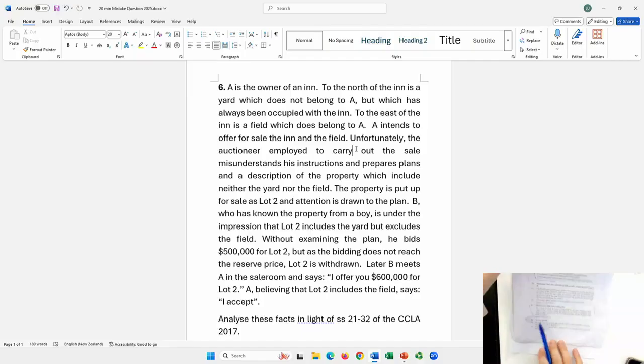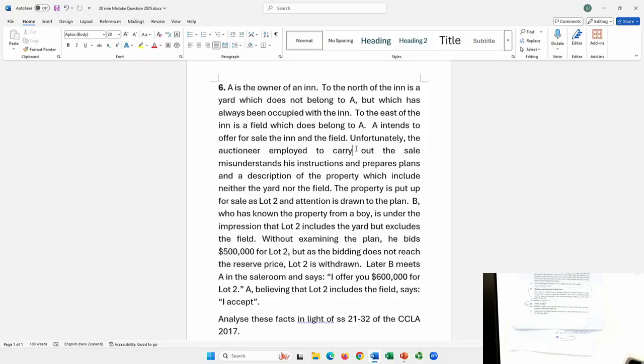And then finally, the nature of the relief. You need to say, look, under section 28, neither party has any right to anything. The courts are trying to give relief to do justice between the parties, taking into account their respective culpability for this mistake.